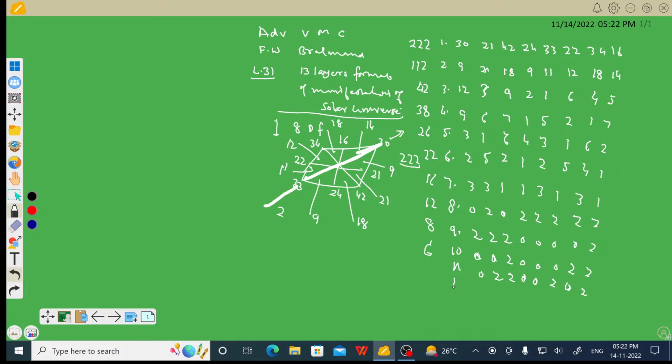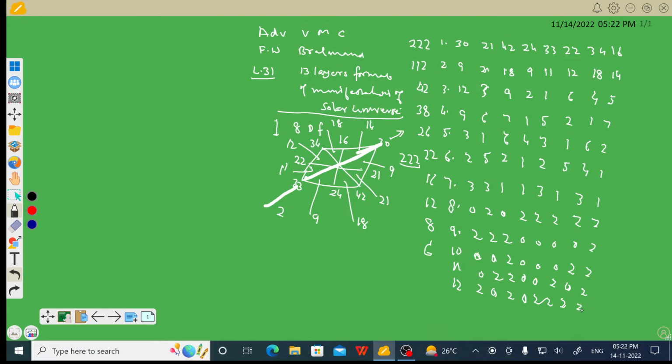The 12th fold will be 2, 0, 2, 0, 2, 2, 2 and 2.